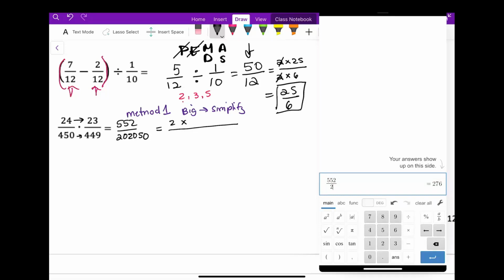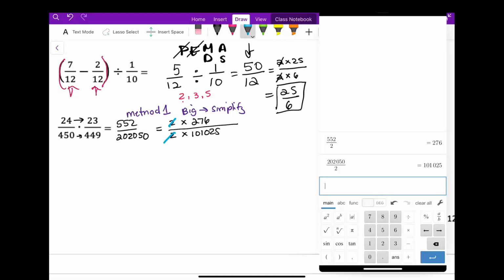And the answer is 276. And let's do the same thing for the denominator. Is that an even number? Yes, because it ends in 0. We're going to take 202,050, divide that by 2, and that gives me a nice number of 101,025. We see that I can simplify this 2 and this 2, and we keep going.